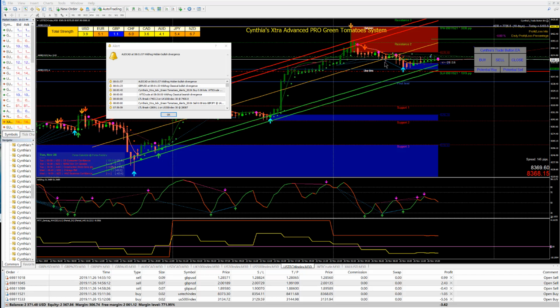It's an hour and a half before the US stock market opens. I had placed a buy trade here just to show you what would happen if you placed a buy trade off the bottom of the support, and the red liquidity zone, the resistance area, is so close.